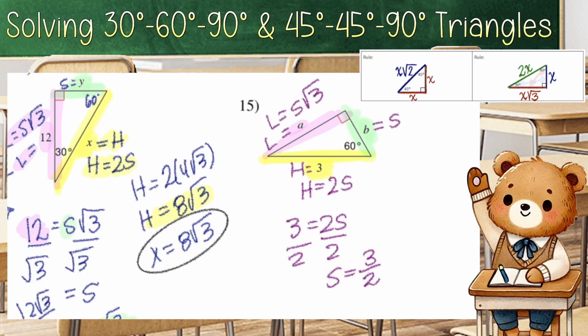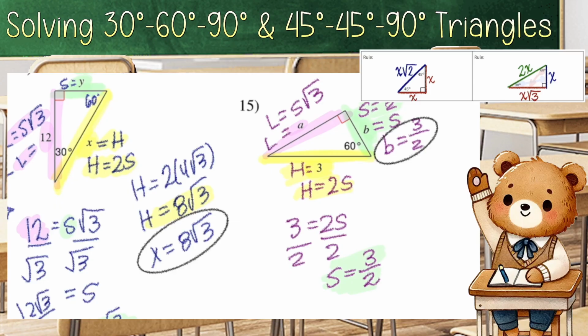S is green. Ay, ay, ay, what am I doing? H was 3. That was the formula. Okay, so S over here, or B, is S equals 3 over 2, or we can say B equals 3 over 2, all the same.